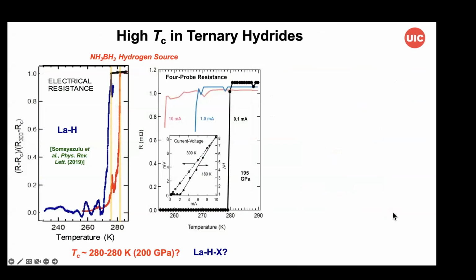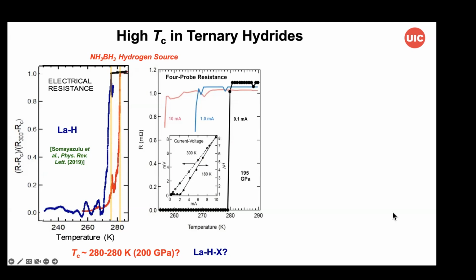So let's now move on to other systems, coming back to the lanthanum hydride in the work that we did showing high TC in lanthanum decahydride. We found in a number of experiments where we used ammonia borane as a starting material that one sees variable TCs or variable onsets of conductivity depending on the conditions of the synthesis.